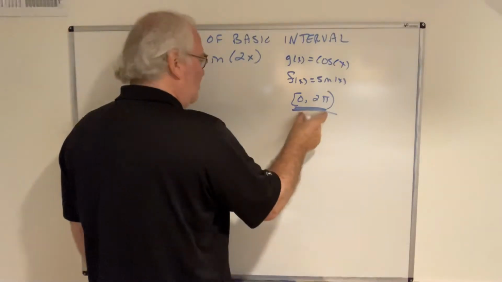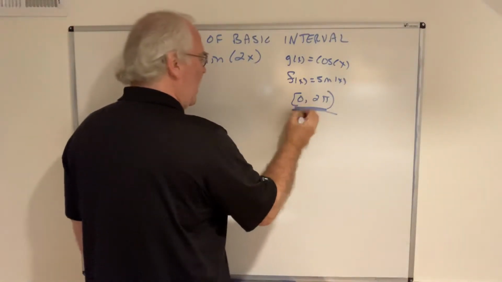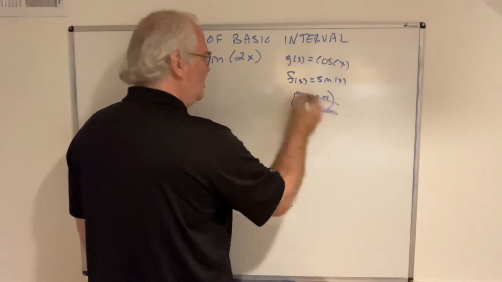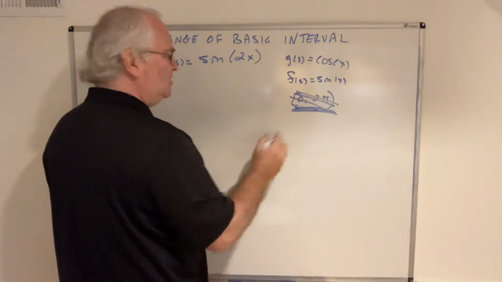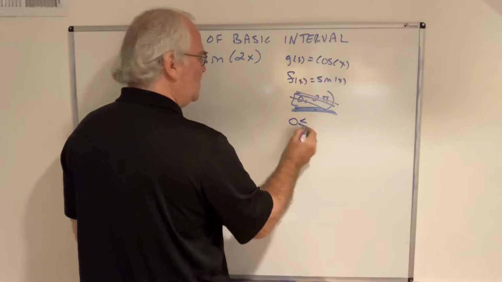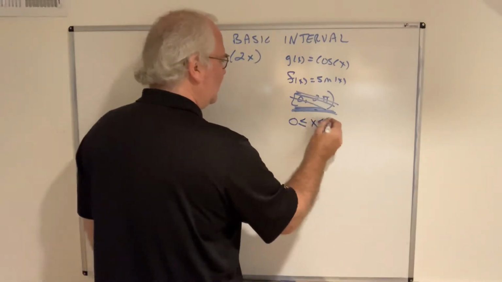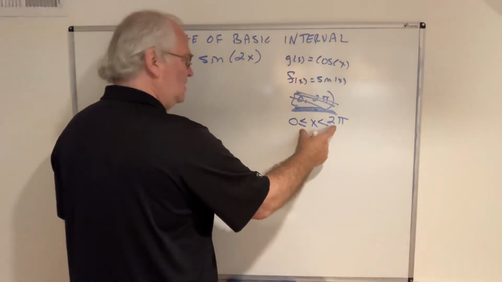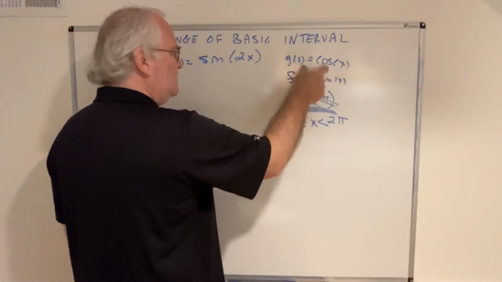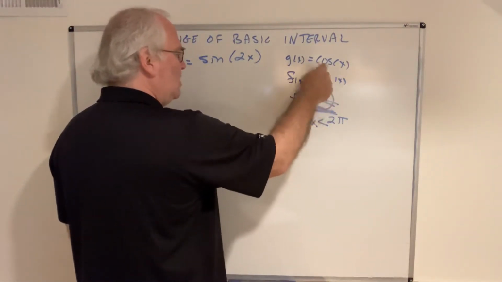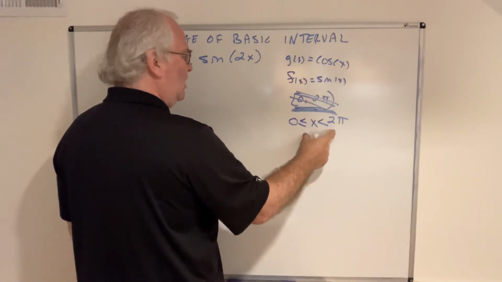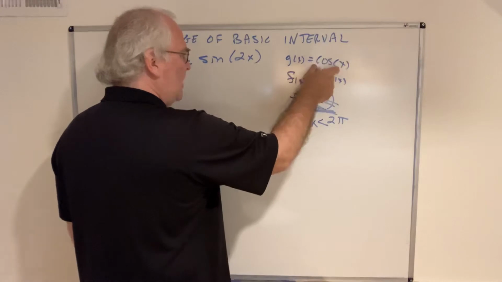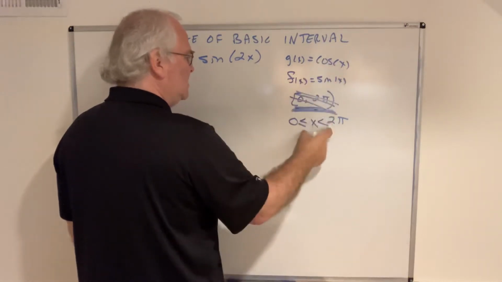Now, it's going to be more convenient for us not to write it in interval notation. What we're going to do instead is use this notation: 0 is less than or equal to x is less than 2 pi. This is the interval over which we're going to graph these functions. If it's sine of x or cosine of x, this is what we're calling the standard interval.